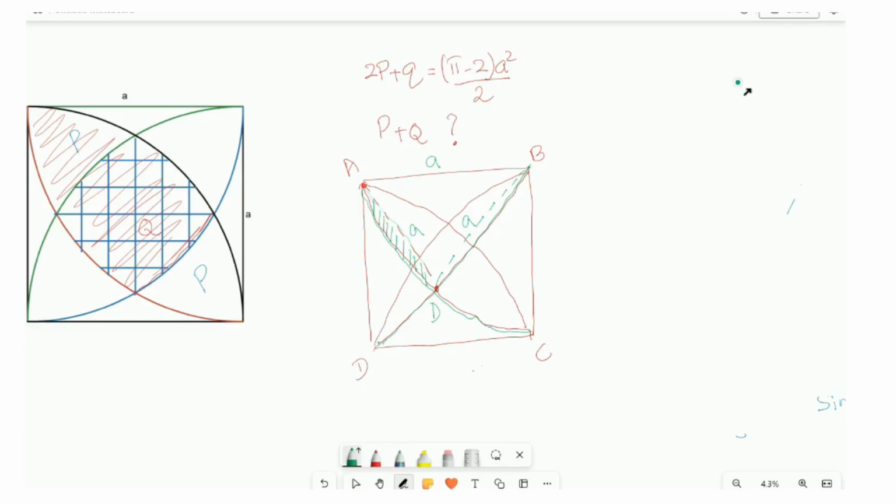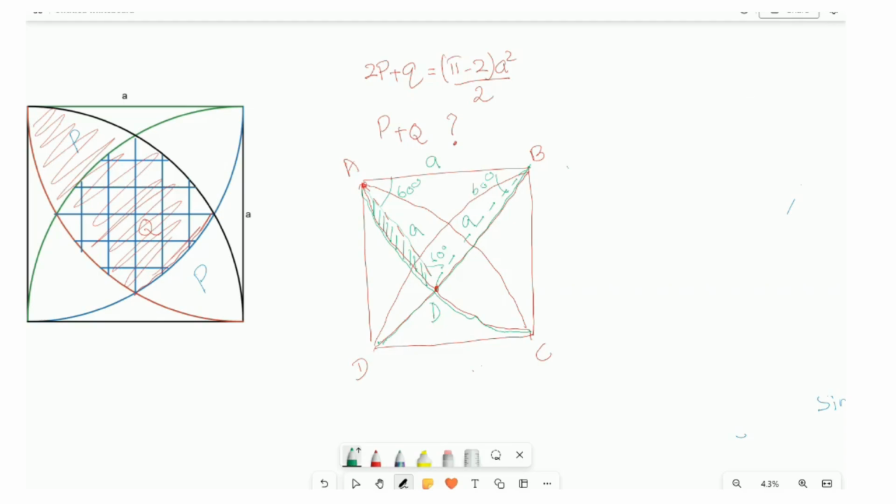And this triangle ABC is an equilateral triangle because all sides are A, so this angle is 60, this angle is 60, this angle is 60. Now if I take away the triangle area from the sector area, I can find this shaded area.